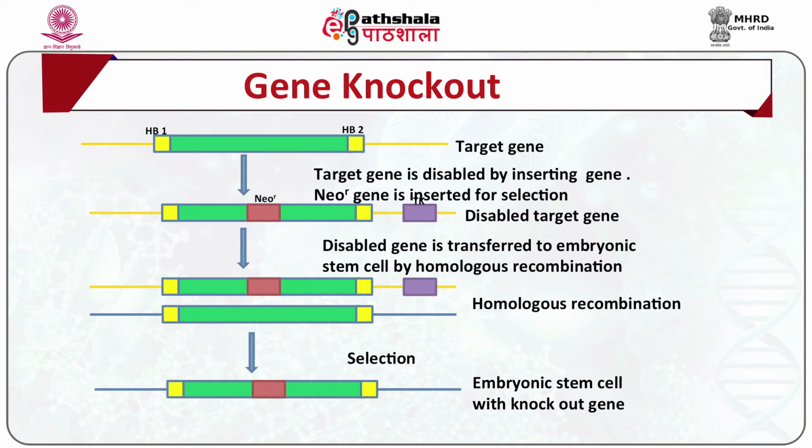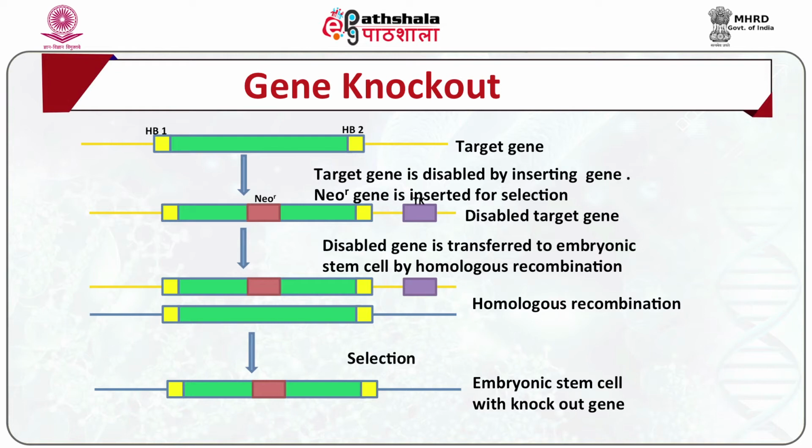This method involves disruption of the cloned gene by inserting some foreign DNA sequences. Subsequently, the disrupted gene is used to replace the normal gene present in the embryonic stem cell by homologous recombination.